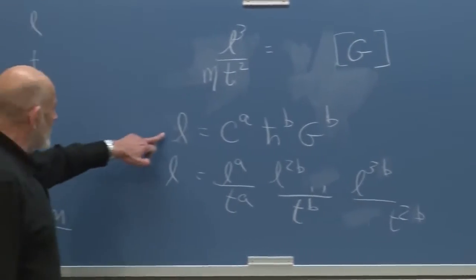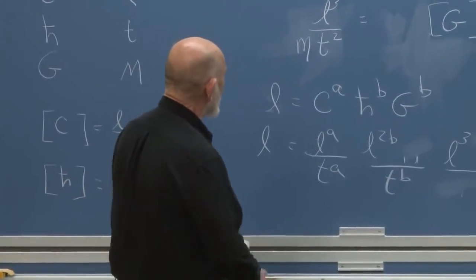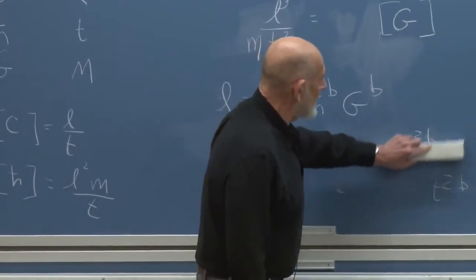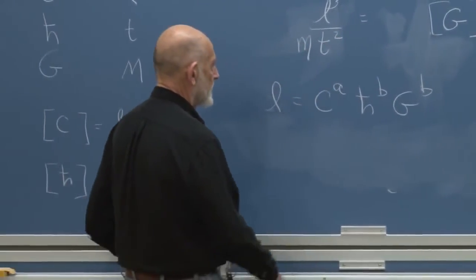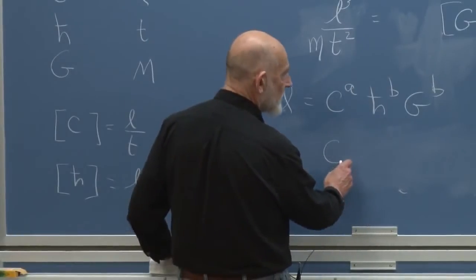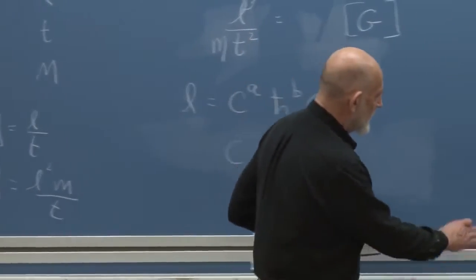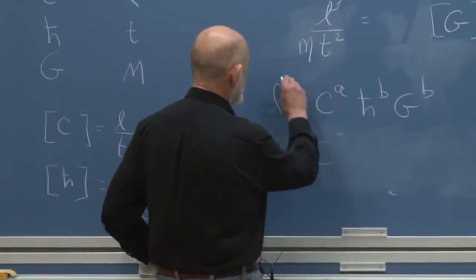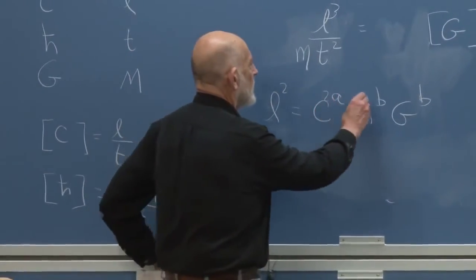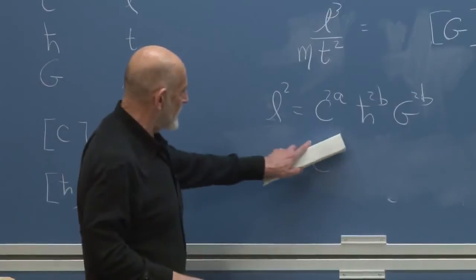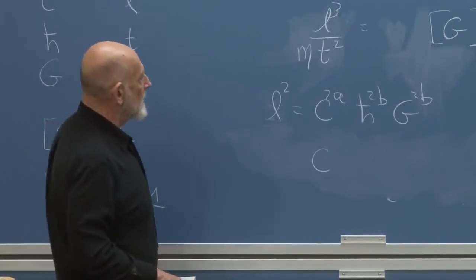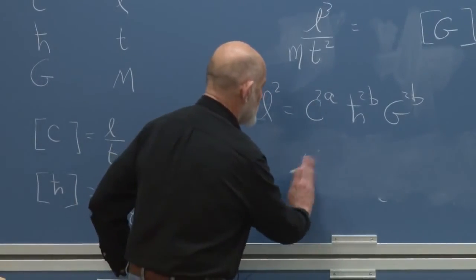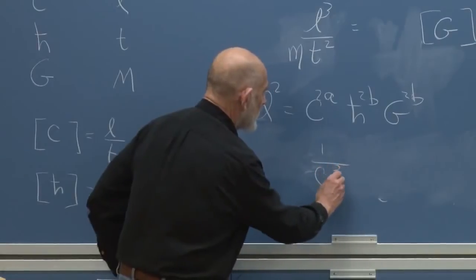Okay, now we can write down the fundamental unit of length, which is the speed of light C to the A, equal to minus, was it minus 3 halves? Let's write L squared to the 2A, 2B, 2B. I don't feel like writing square roots. 2A is minus 3, so that's 1 over C cubed.